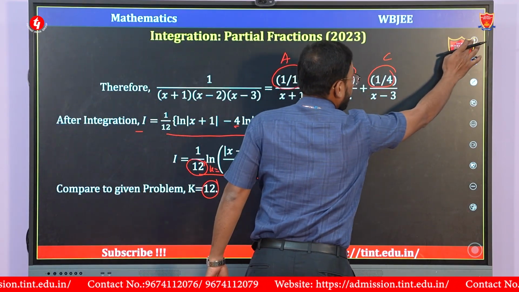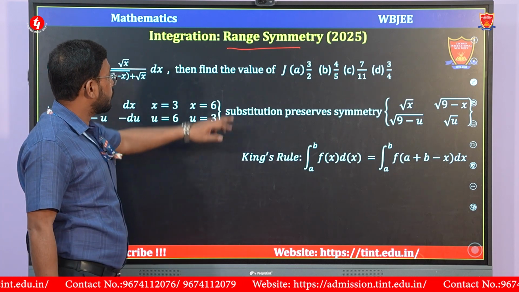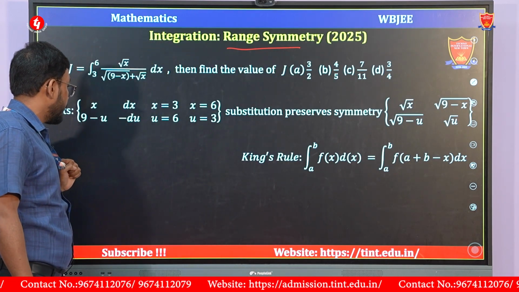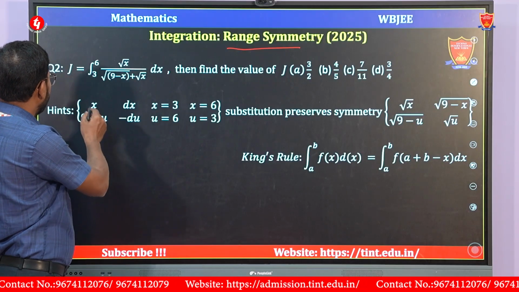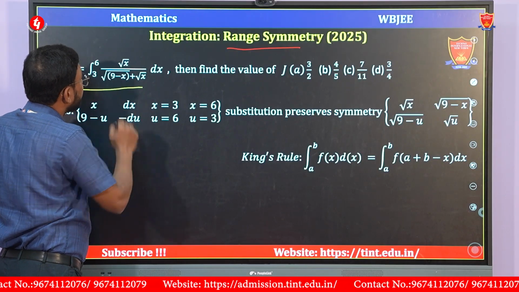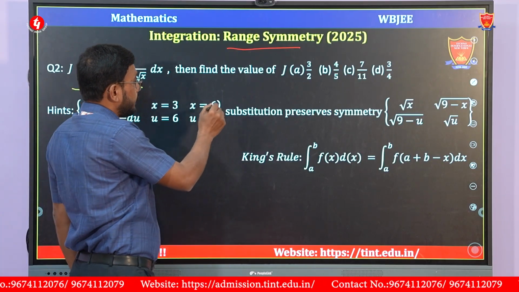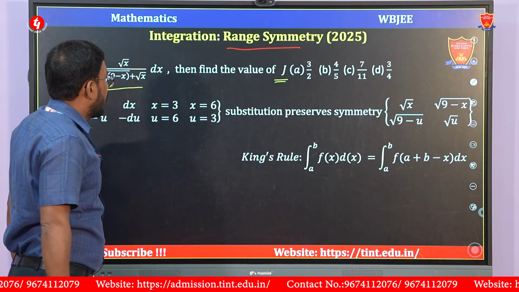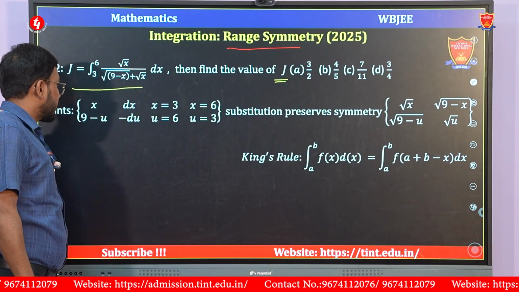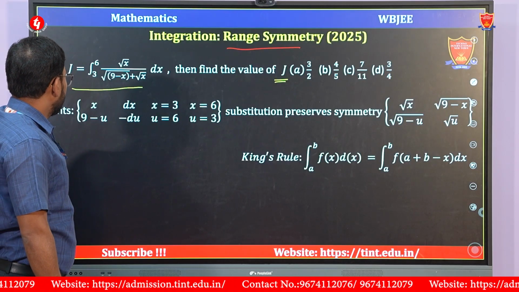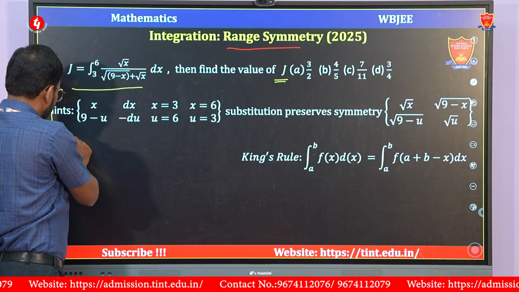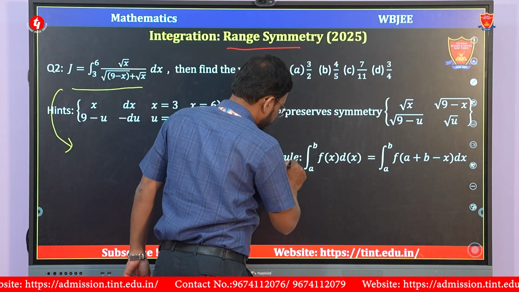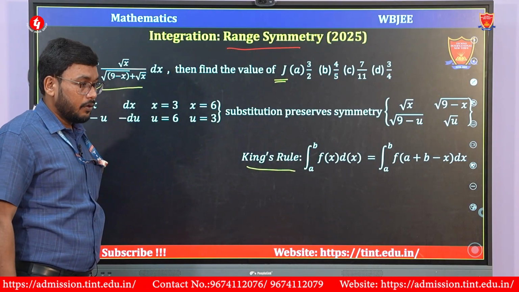Now, move on to the next problem, integration which is range symmetry. This is a 2025 WBJEE problem. Now, what is given? J is given, then we have to calculate J. Fine. How to solve this type of integration? Now, this particular problem basically we solve using the King's rule. All of you know about the King's rule.